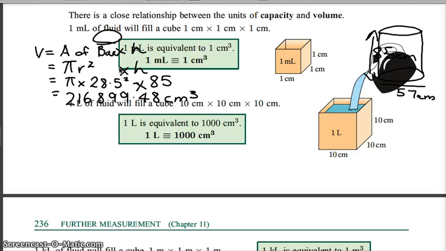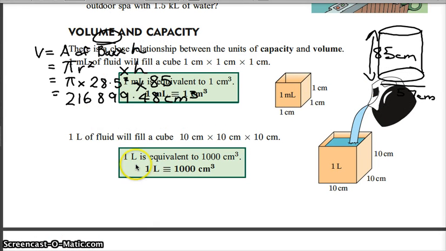Why 1,000? Well, when you get the kilolitres, times 1,000 equals. You on the right track? Yep. Okay, good. So what you've worked back with, we scroll back and we go, well, hang on a minute. 1 litre equals 1,000 cubic centimetres.